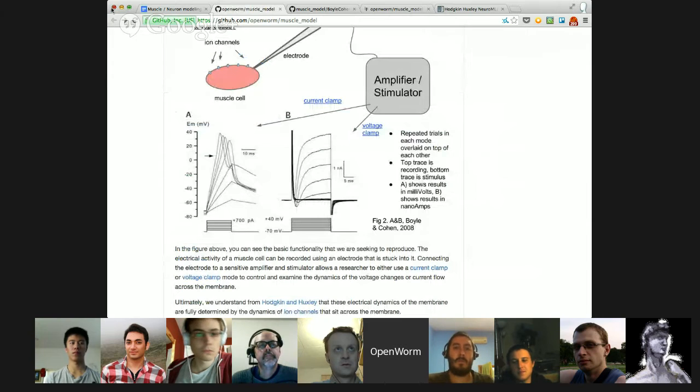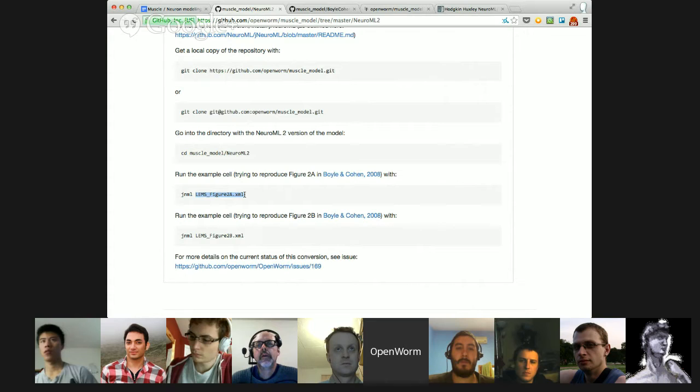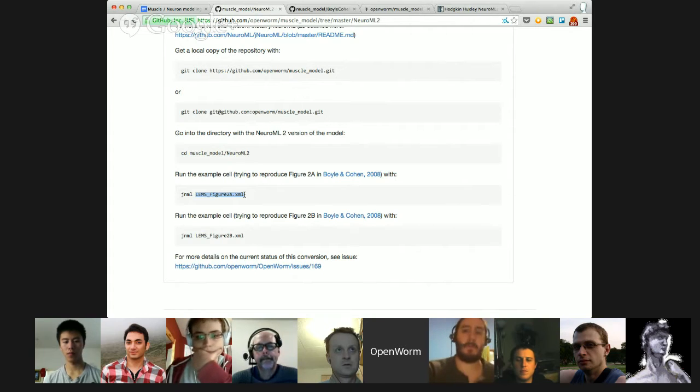So we have this next representation that should be showing that stuff. The thing about this .xml file is that it's this declarative form. When you separate the implementation from a piece of code, you have this key property of composability, which we're really trying to get to, because it's not enough for us to reproduce this muscle cell once.